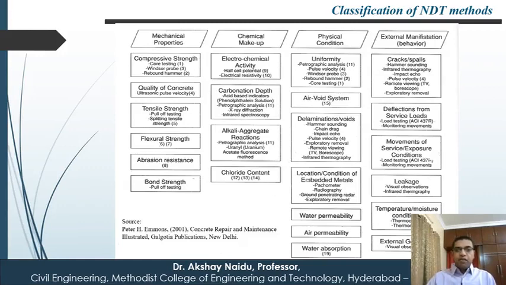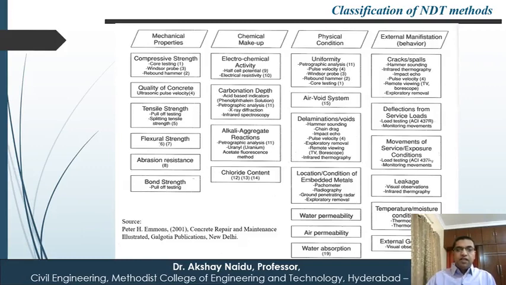Within the mechanical properties, we have compressive strength determination using core testing, Windsor probe, rebound hammer. You have quality of concrete by ultrasonic pulse velocity, tensile strength of concrete either using pull-off testing or split tensile strength. Then you have flexural strength, abrasion resistance, and bond strength, pull-off testing.